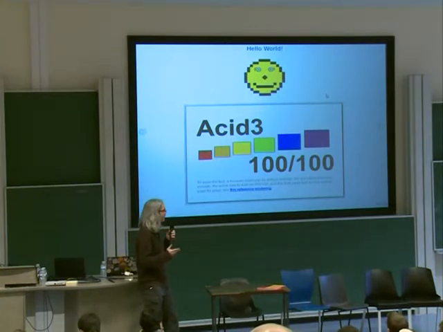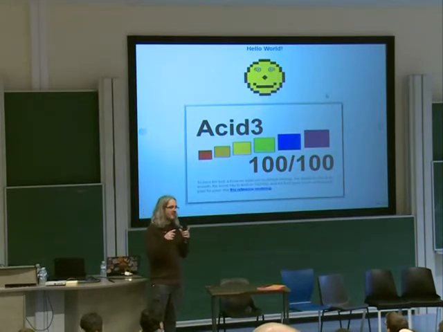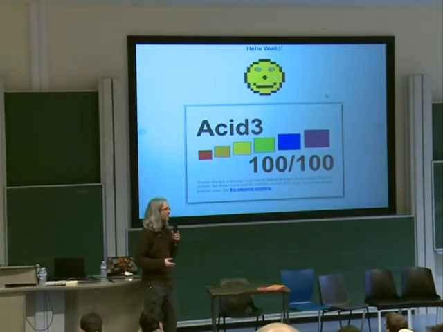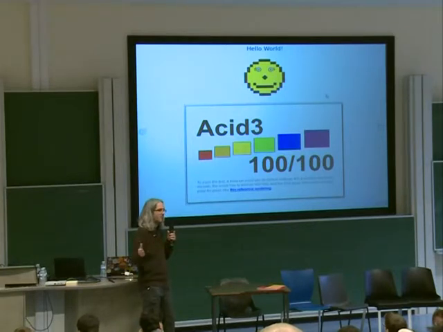But they also had a few problems. So one of the problems is that an acid test is a very sort of self-contained thing. Like once it's finished, it's done, and you can't go, oh well, I found this other bug. I want to add it to the test and make browsers all fail again, because they'd be pretty annoyed at you if you did that. And so it wasn't really possible for people to contribute to them.